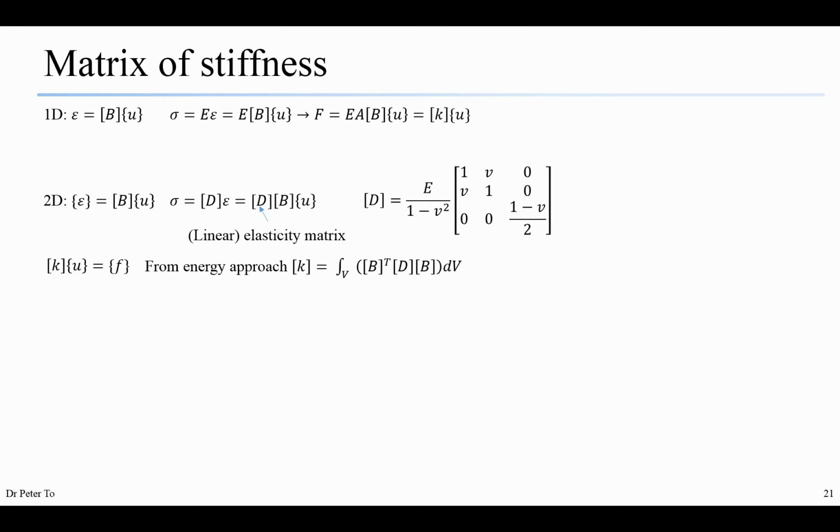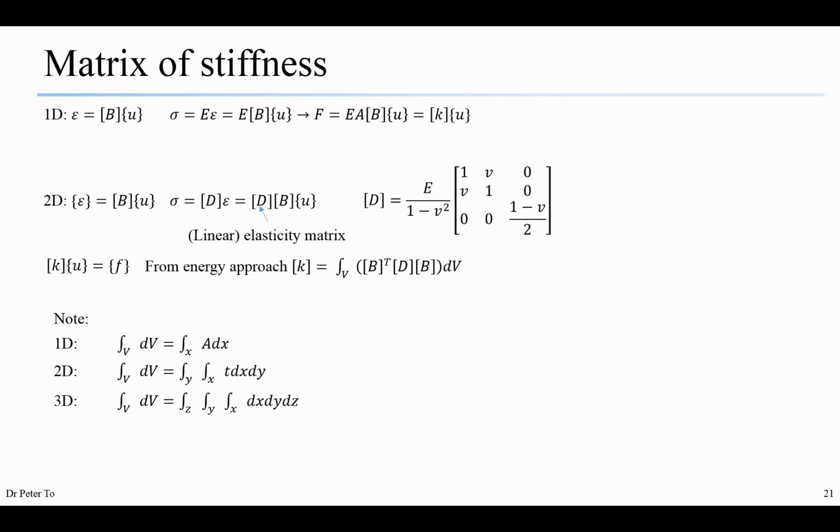And from the energy approach in the next slide, we know that the matrix K equals the integral over the area or volume of the matrix B transpose times the matrix D times matrix B again. Please note that in 1D, the integral over volume is just the integral over distance.